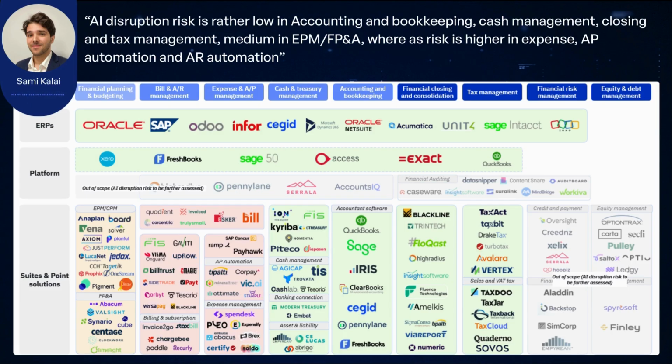In a few words, the tax management, financial closing, accounting booking, and cash treasury, so the four last in green, as well as ERPs, are considered low AI disruption risk simply because they are regulated and their importance is major, as a mistake can lead to high consequences, which is why AI is not the best tool to be used here.